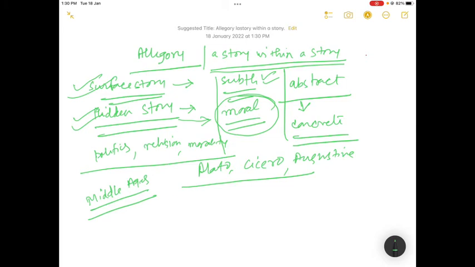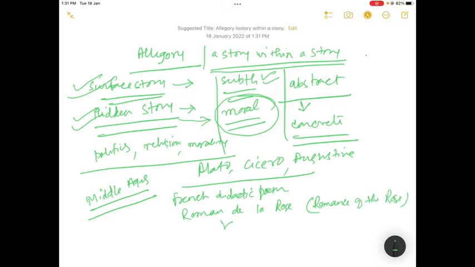And there's a famous French didactic poem, Roman de la Rose. English translation is Romance of the Rose. I generally give the example of this poem while teaching To His Coy Mistress, which is an example of carpe diem, eat, drink, and be merry philosophy.